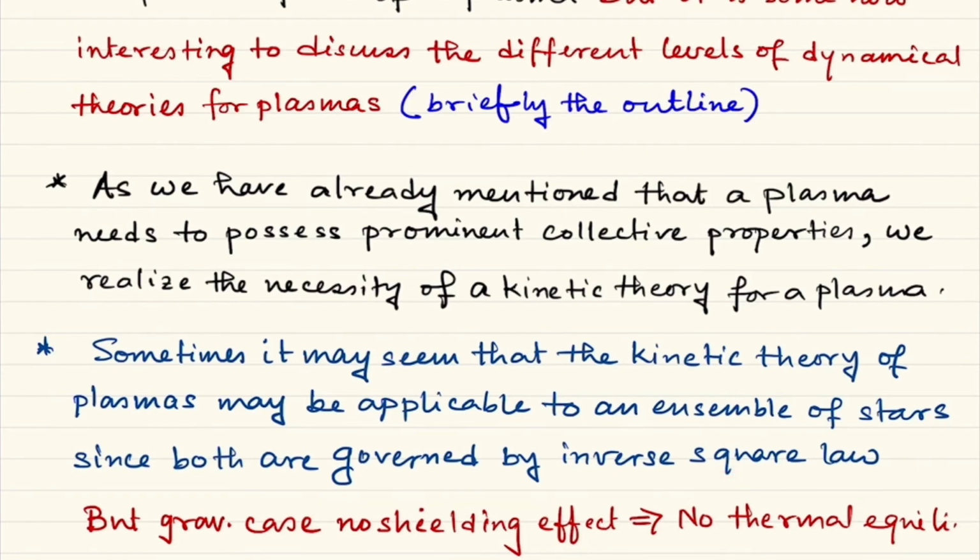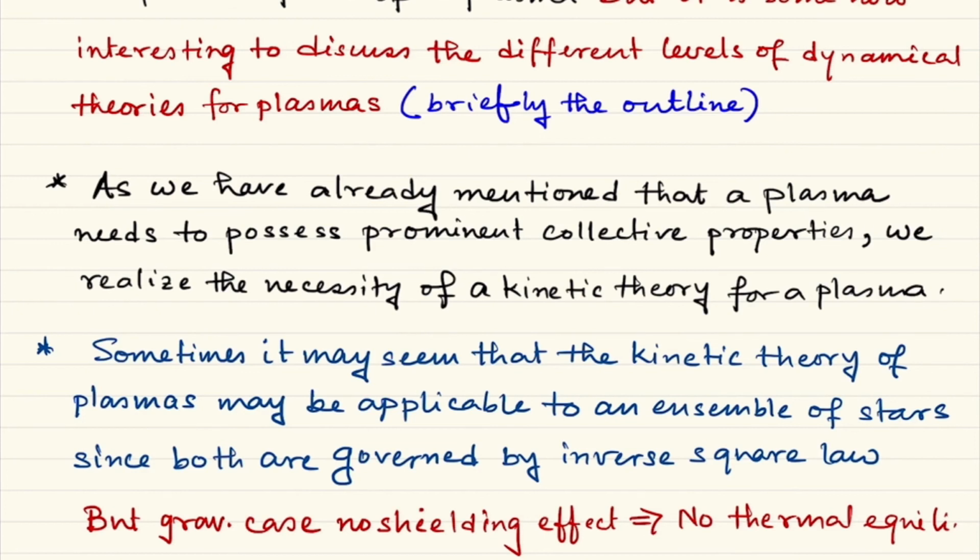But remember, gravity being attractive all the time, it cannot create any shielding effect, and that's why there is no characteristic length scale like the Debye length beyond which you cannot see the gravity effect. The effect of gravity is always there, so it cannot help in establishing a local or global thermal equilibrium.